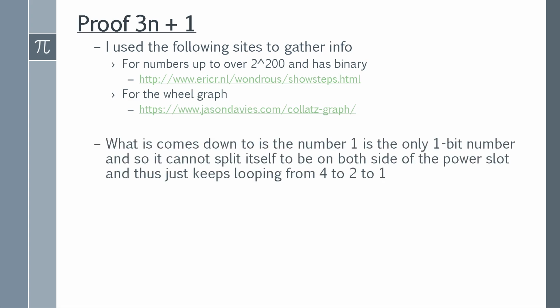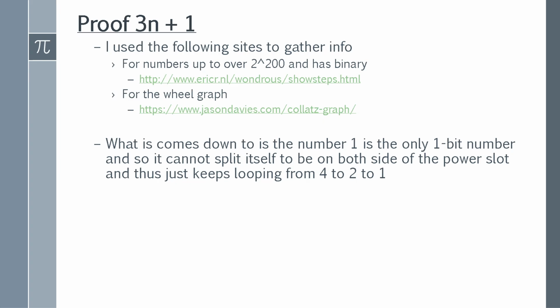What it comes down to is the number 1 is the only 1-bit number. You can't divide it from itself, and so the power slot shifts and you just keep repeating a 4-to-1 loop.